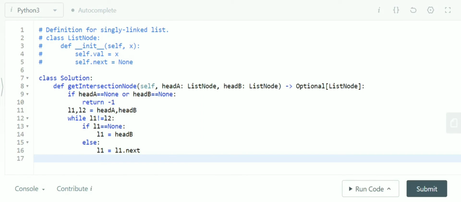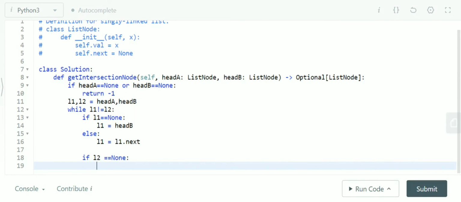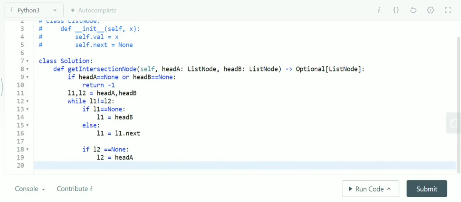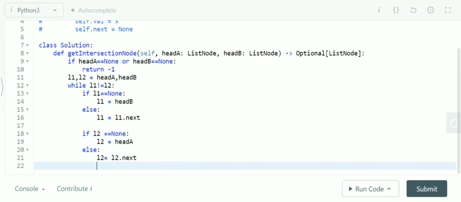Similarly for L2, if the pointer L2 encounters the last node of the second linked list, we update the pointer's position to the head of the first linked list. Otherwise, we update it to the next node, so L2 equals L2.next.